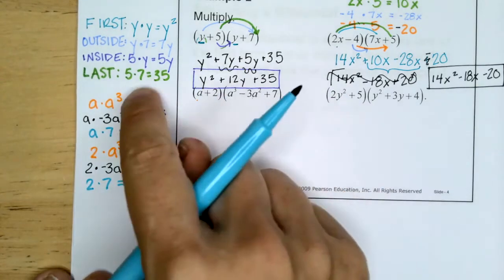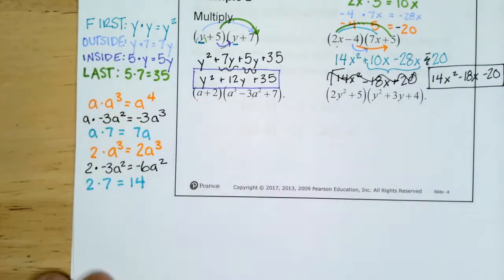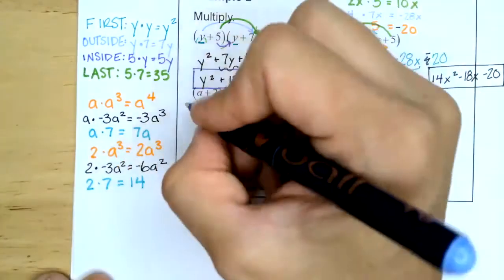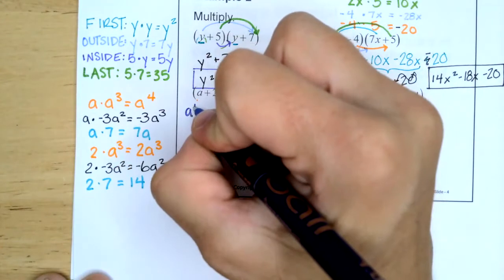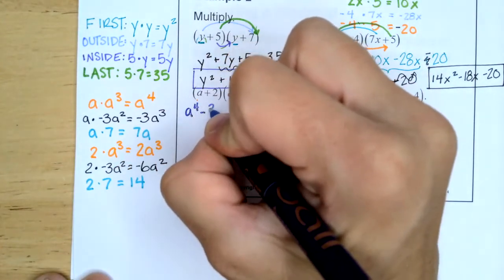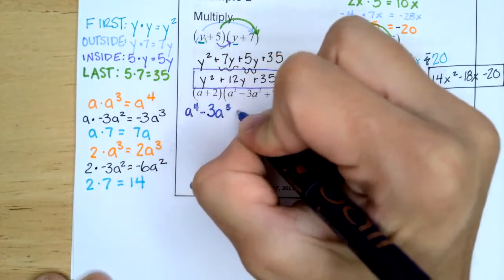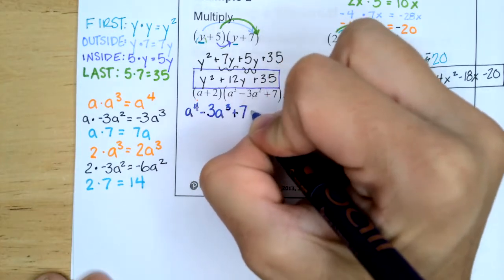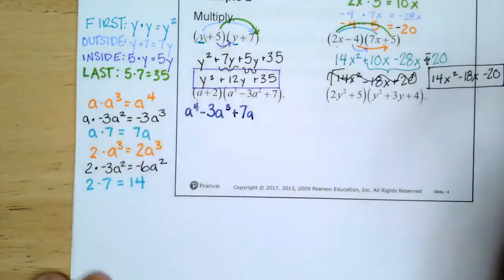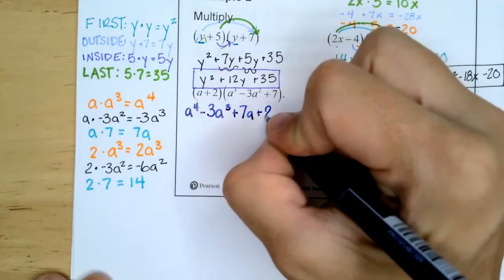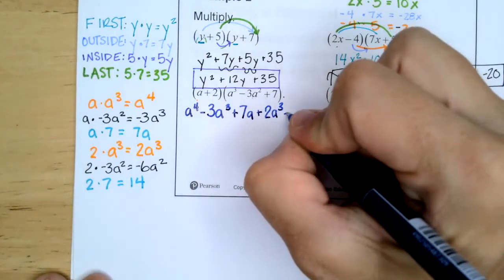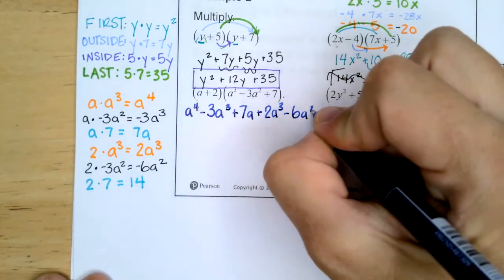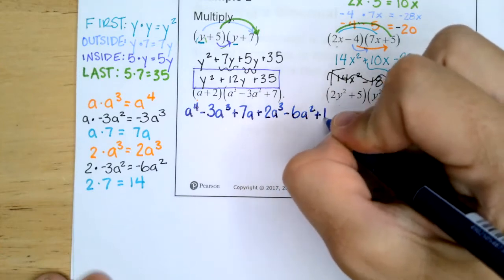Do you see any like terms? So we have a to the fourth minus 3a to the third plus 7a, if there's no sign in front of it, it's always positive, plus 2a to the third minus 6a squared plus 14.